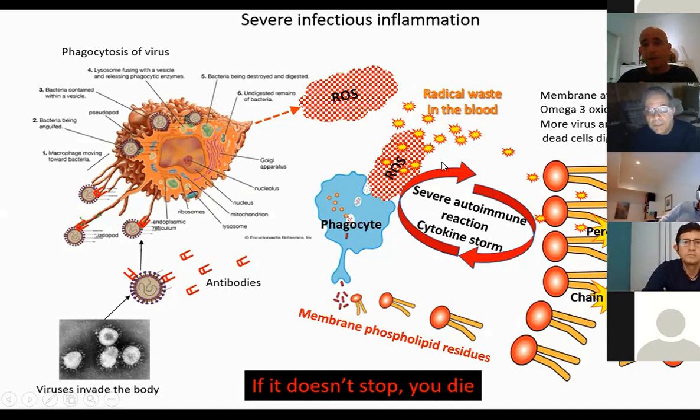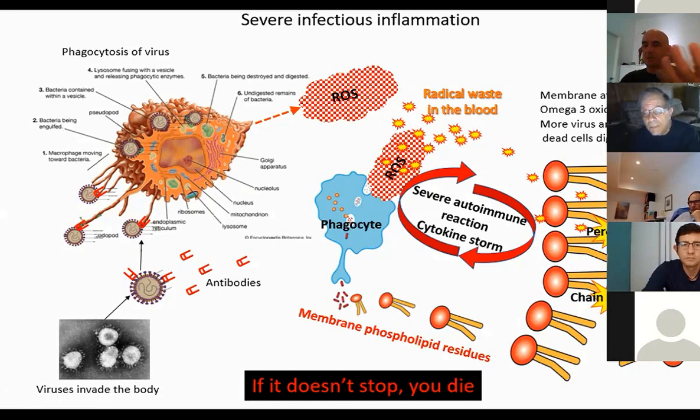And this is the radical waste, and we find it in the blood because all this happens in the blood. And these radicals start attacking the membranes. When they penetrate the membranes, they will attack the omega-3 double bond and also the omega-6, but first of all the omega-3, and this will start a chain reaction making peroxides in the cell membranes.